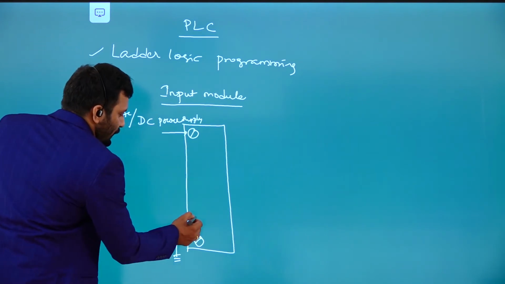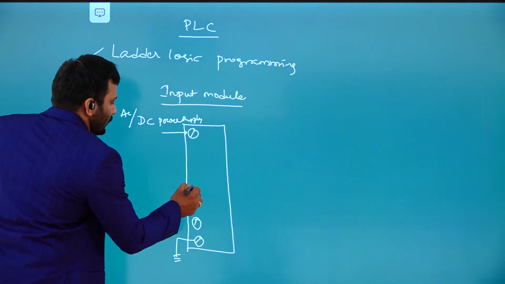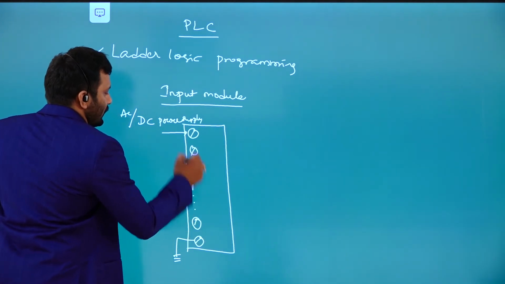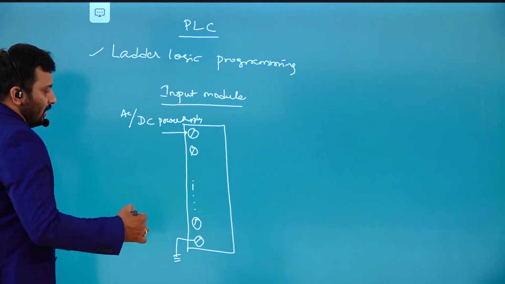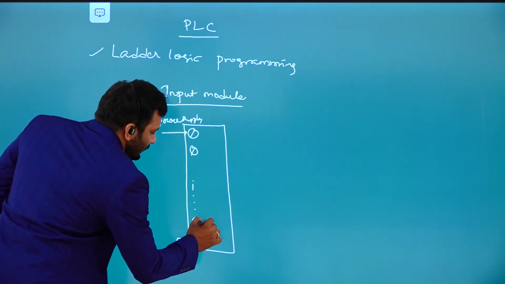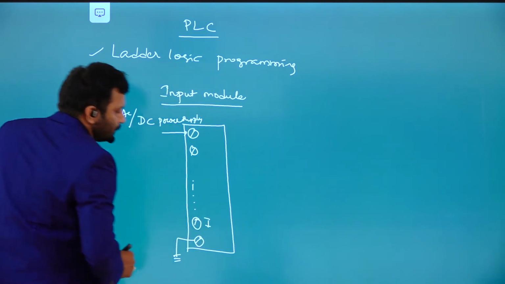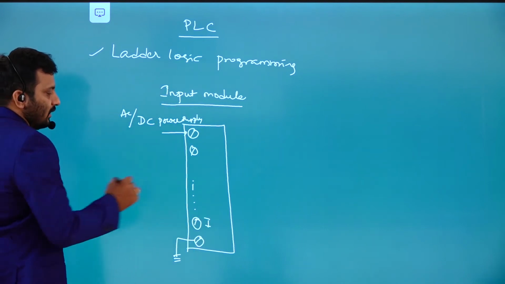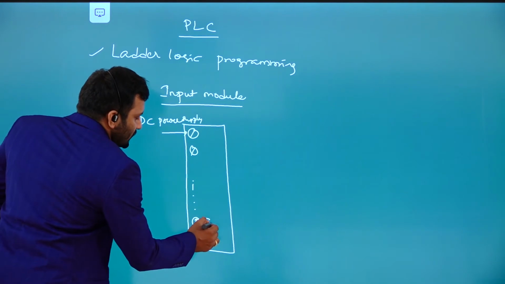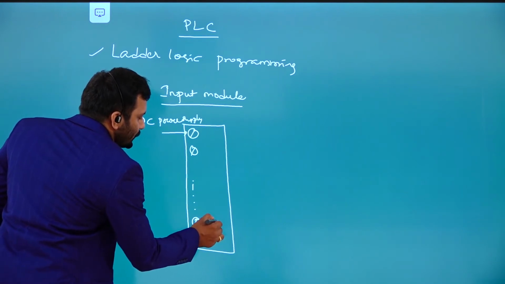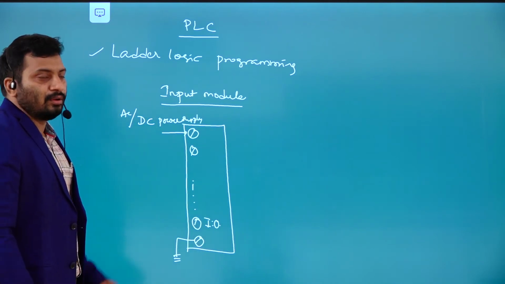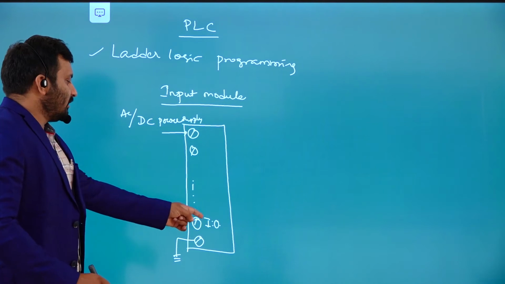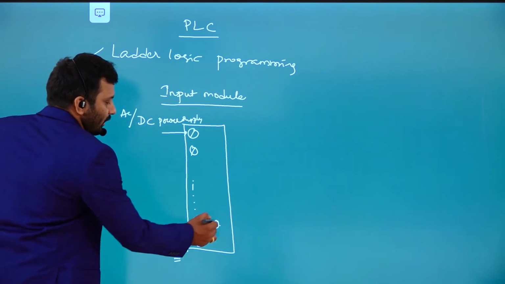For example, if it is an 8 terminal input module, we are going to address these terminals like this, right? So this is the input module, and second, you give the number of this input module. This is the first input module in the PLC panel. That is the reason it is indicated with 0.